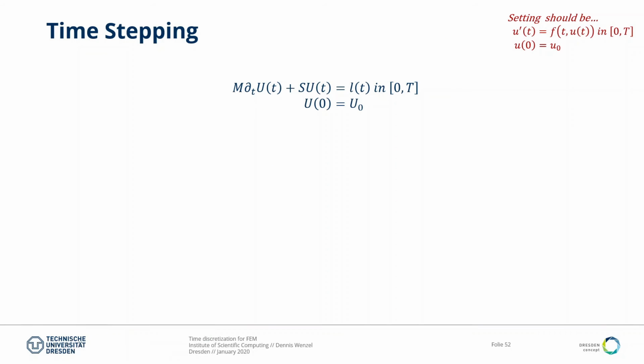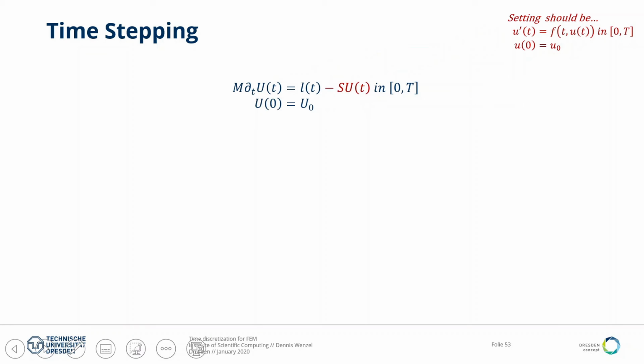And now let's look at time stepping, because we are almost in a setting where we can apply our time stepping. You see here, it should be like this. The initial condition is already completely fine. And this is almost given. You see your u prime, that's here. And then you see your f, that's a bit split around, so that's here and there. And there is this m, but the m isn't really disturbing us because that's just a constant factor.